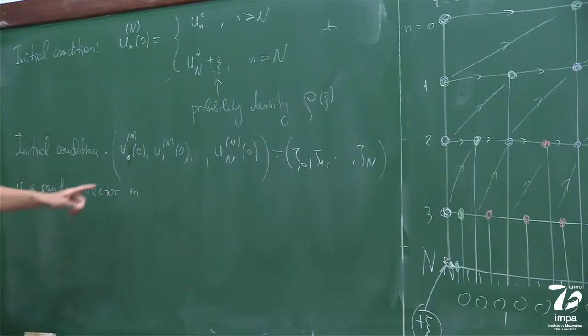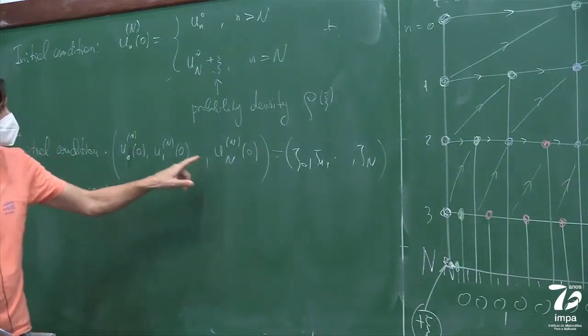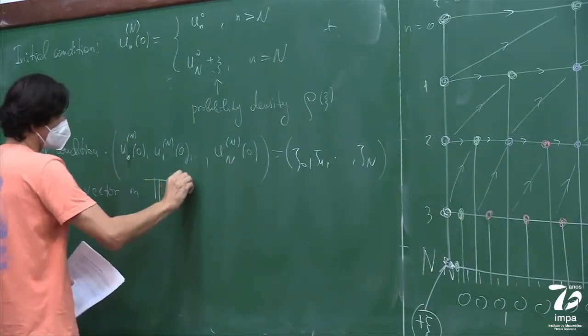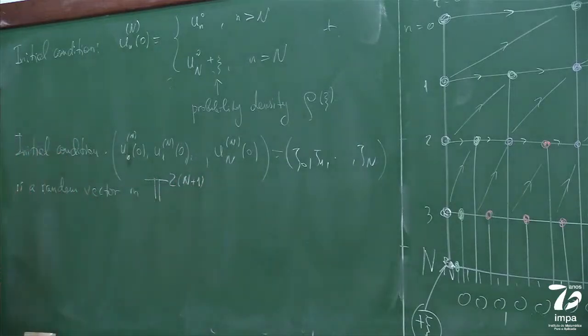In where? Each one is in a torus, and there are N plus 1 of them. So it's in the torus of dimension 2N plus 1.